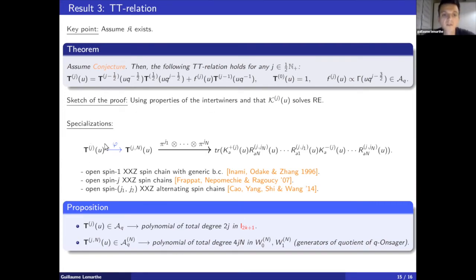So now for specialization, consider the transfer matrix for any spin j. So trace k plus j times fused k j of u. You apply phi so that it's an element in UQSL2 times n. And now applying some finite dimensional representation for all the UQSL2 copies, you get this usual standard form, which is k plus product of r, k minus, and product of r.